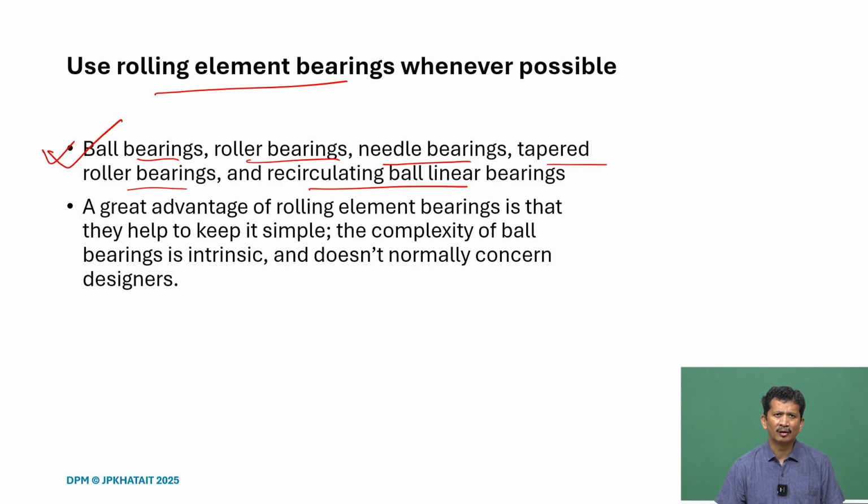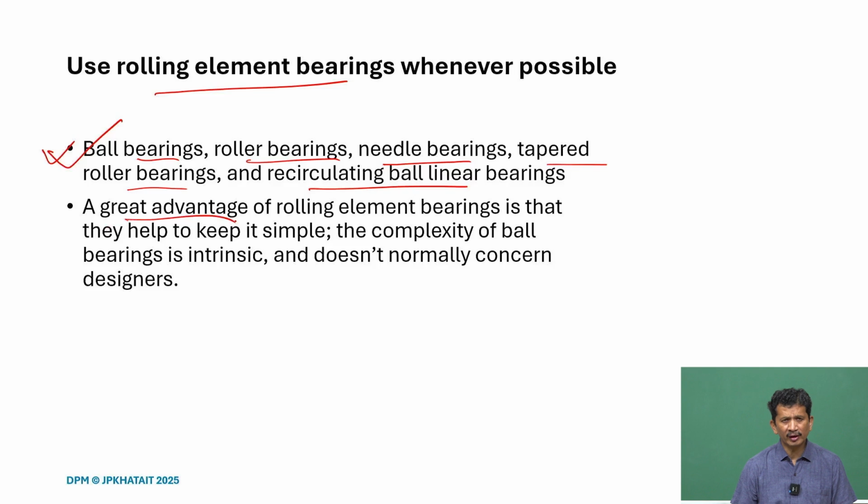Although it looks like sliding, inside there are rolling elements, and we can avoid the problems related to jamming, which we generally encounter when there is only a sliding pair.